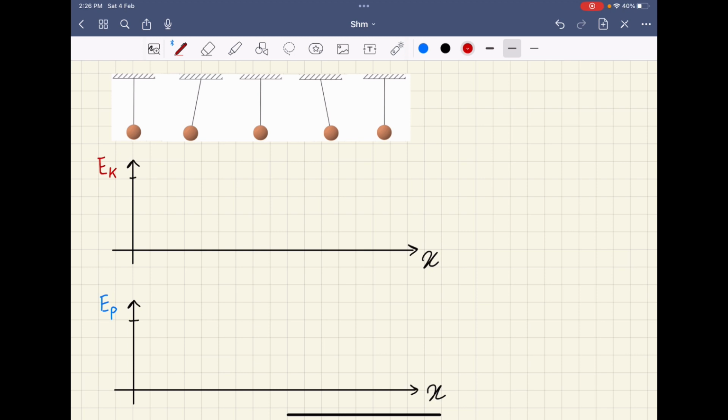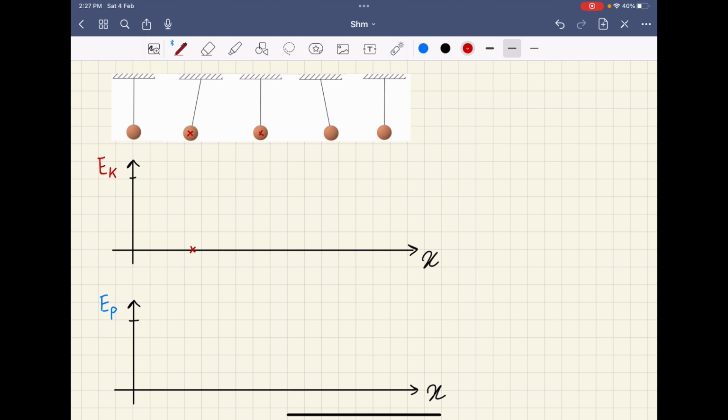Now, starting with the kinetic energy, we know that every time we're passing a maximum displacement, the kinetic energy would be 0 because we will have maximum potential. And every time we pass back through equilibrium, this is the point where the system should have the maximum velocity in order to be able to oscillate to the other side.